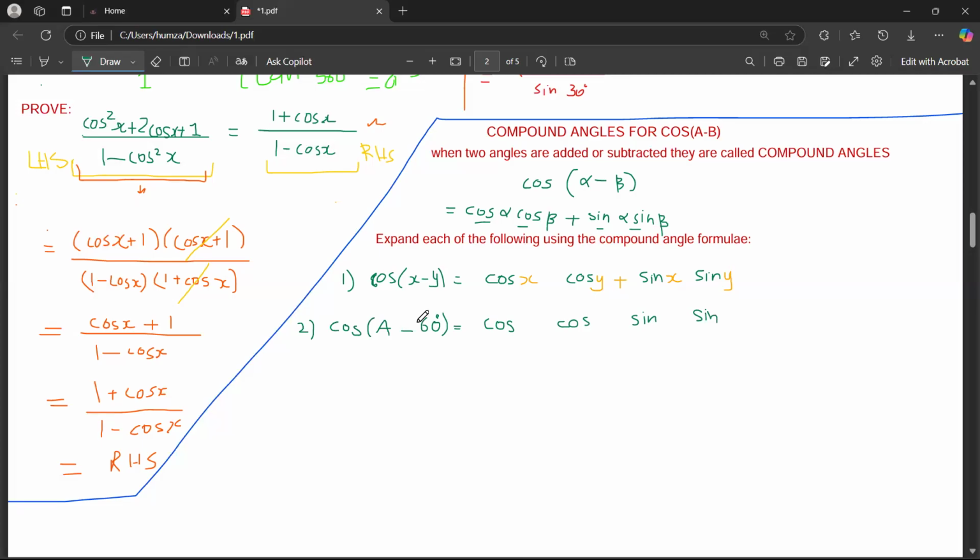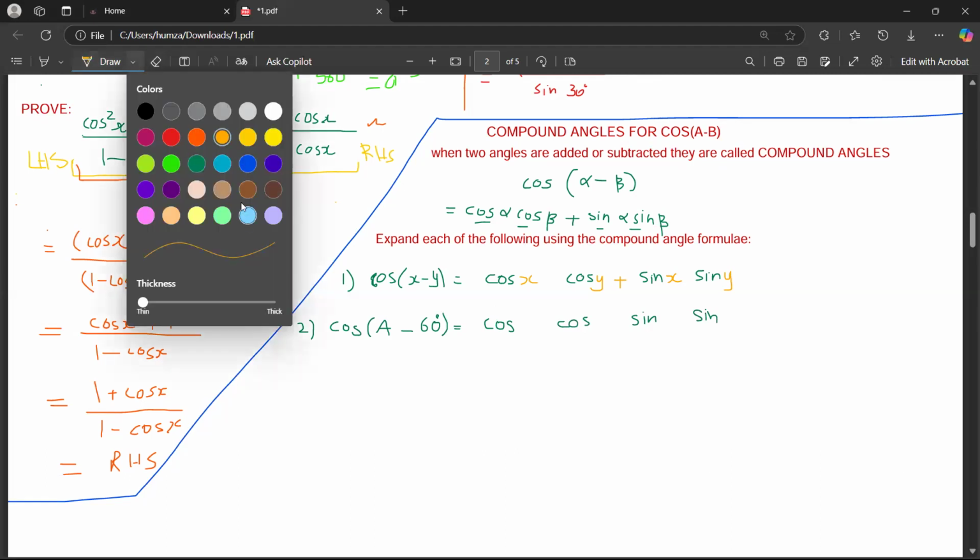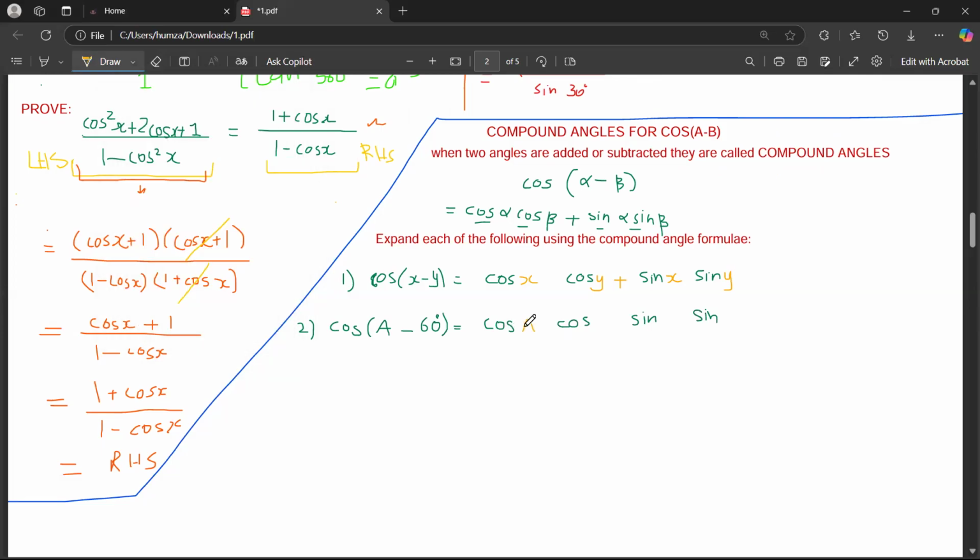We have alpha, A and 60. Now we are going to write the angles: A, 60, A, 60 degrees. And then look at the sign in the brackets, it is negative. So we are going to add the positive sign.